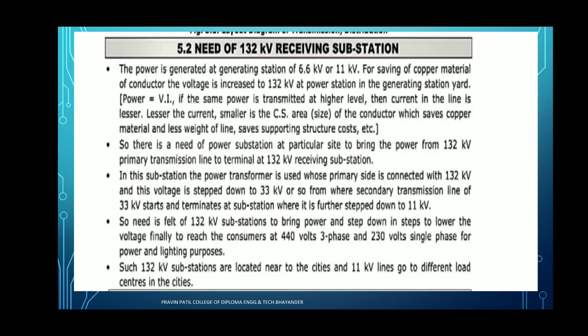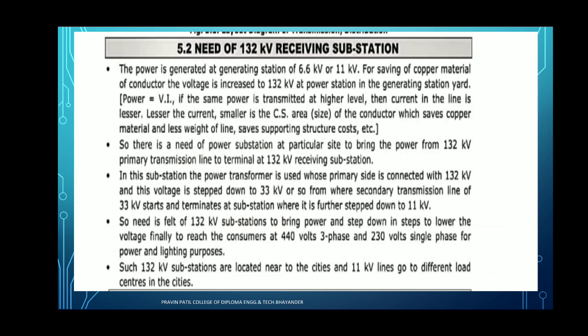That power is nothing but VI. If the same power is transmitted at a higher level, then the current in the line is less. Less the current, smaller the cross-sectional area of the conductor, which saves the copper material, and less weight of the line saves the supporting structure cost, etc.